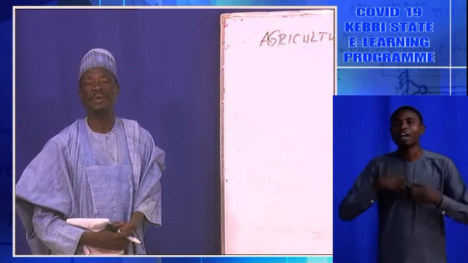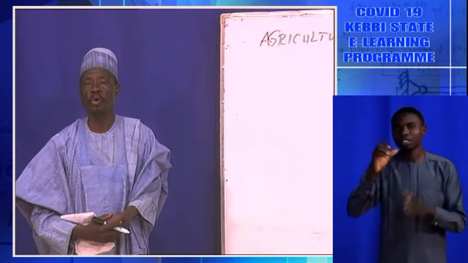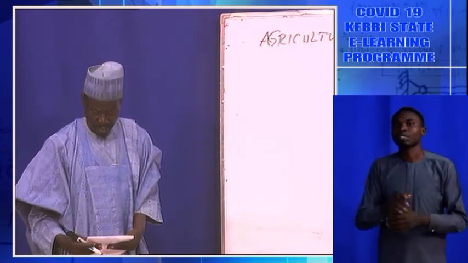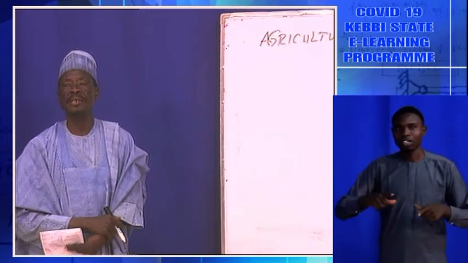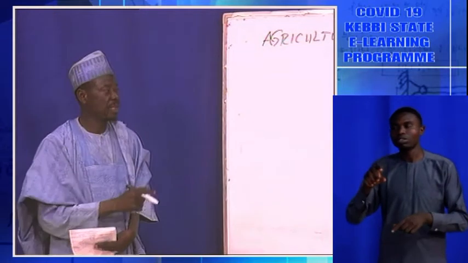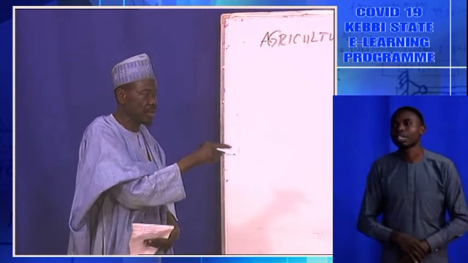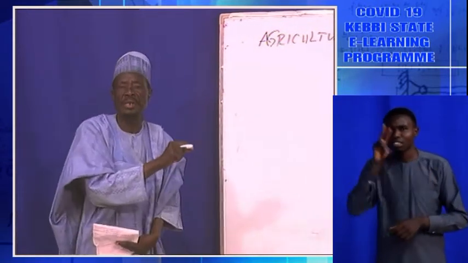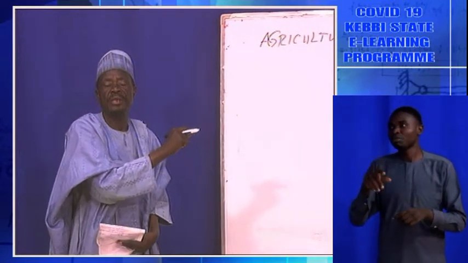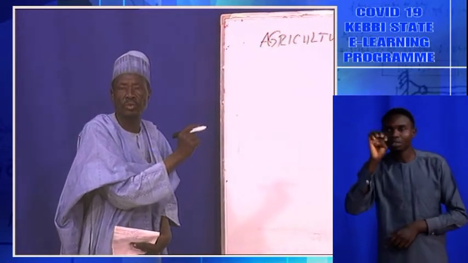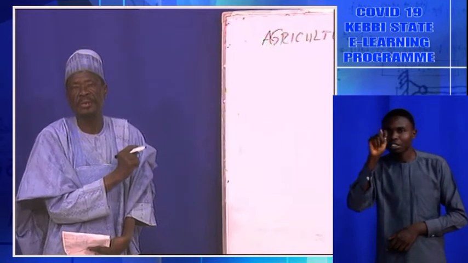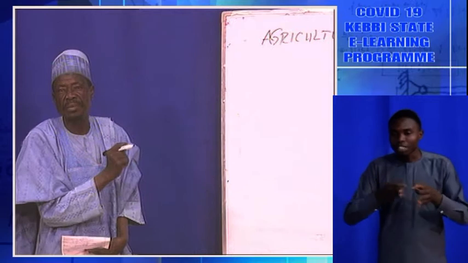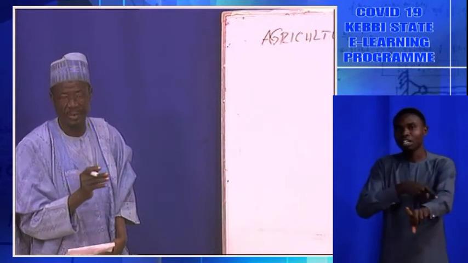They can be classified in forms of their stomach, where we have ruminant and non-ruminant animals. Last lesson, I showed you the ruminant animals, with examples of cattle, sheep, goats, and so on, while the non-ruminants are pigs and dogs and others.